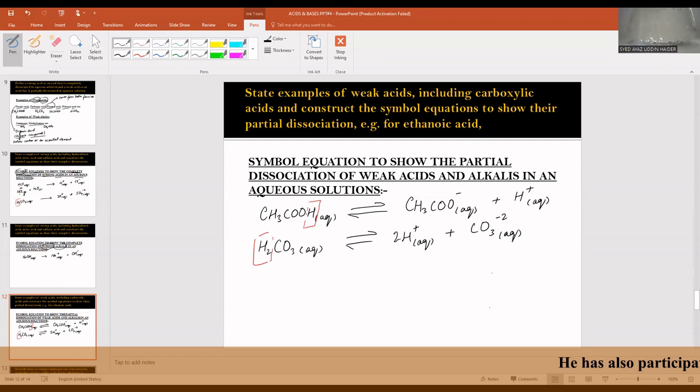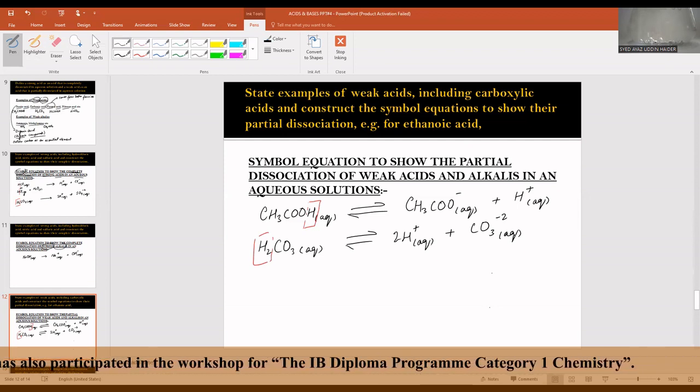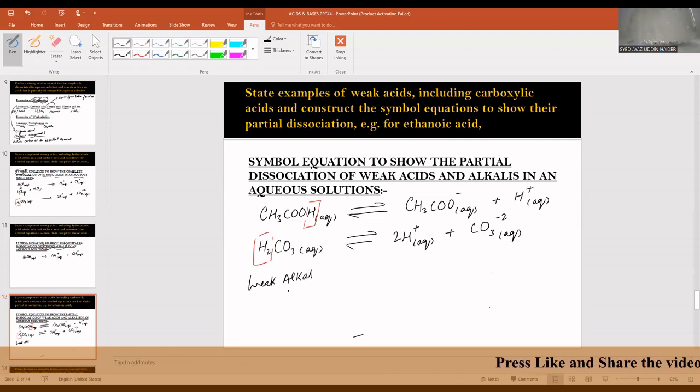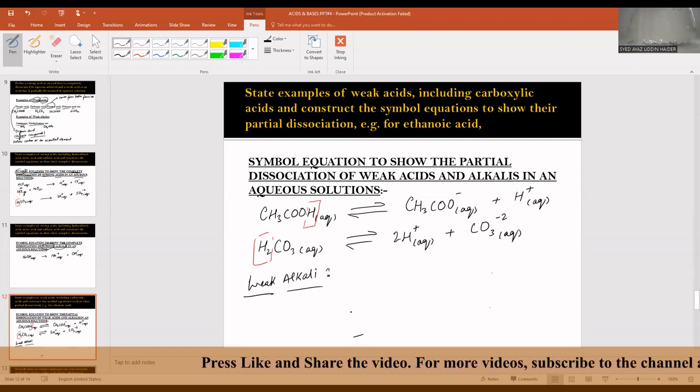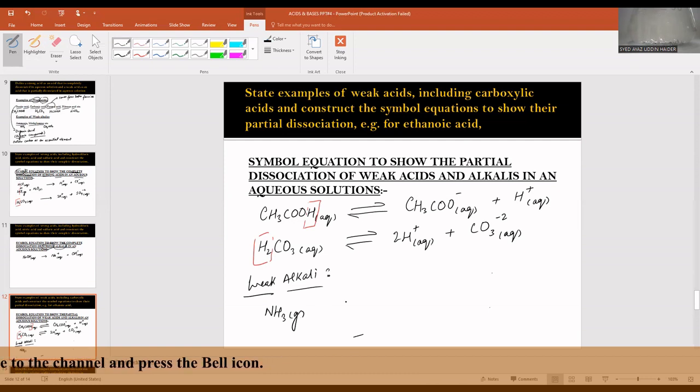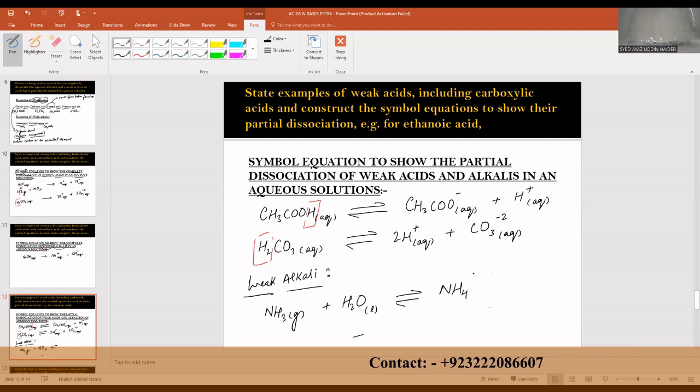Now I'm showing the incomplete dissociation for ammonium hydroxide or ammonia in water, a weak alkali. Ammonia in water. So you write NH3 gas plus H2O liquid, NH4 positive plus OH negative aqueous.